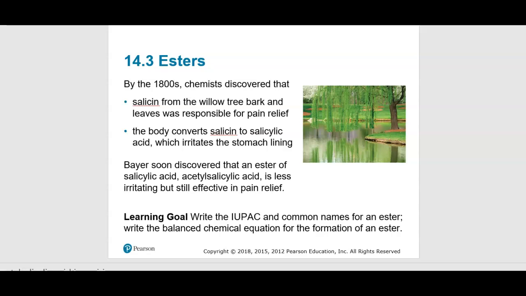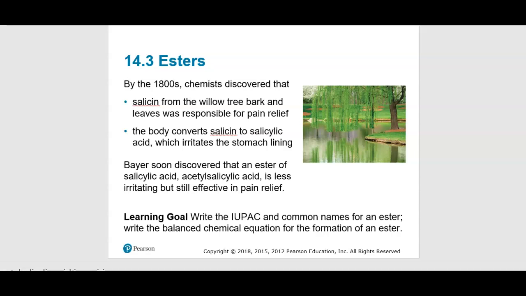Some of these things have very nice smells. Salicin is related to aspirin, which is an ester, so it doesn't really have much of a smell, but there are a lot of esters around.